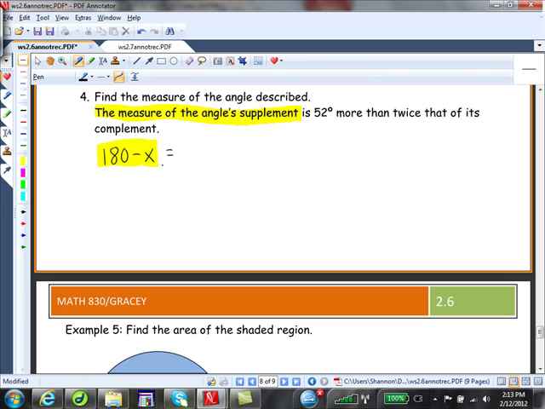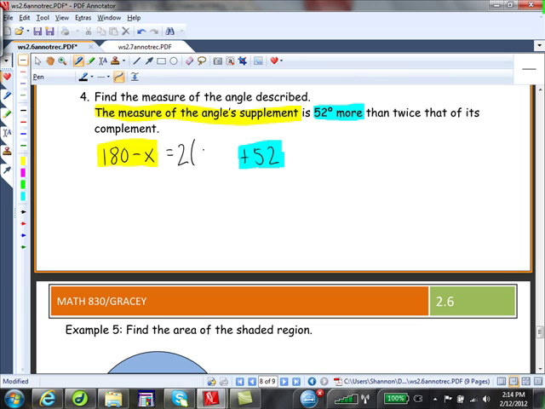Now, is 52 degrees more than twice that of its complement? So I'm going to just do plus 52 for the 52 degrees more. I'll put the degree in at the end. And twice that of its complement.